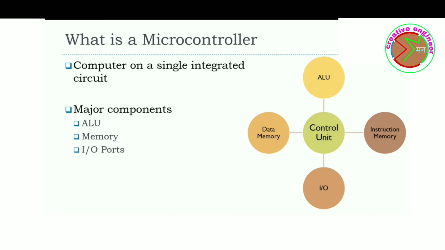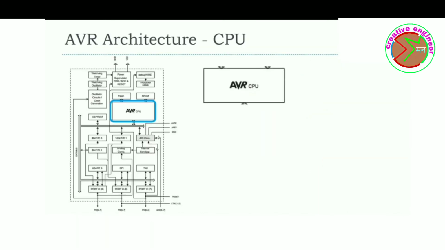The input/output ports act as the interface between the microcontroller and any external peripherals for data exchange. The control unit is the central processing unit that determines the execution of the instruction set. You will now learn the architecture of the AVR microcontrollers in detail.